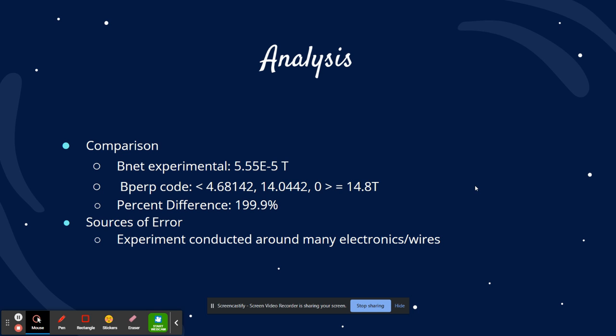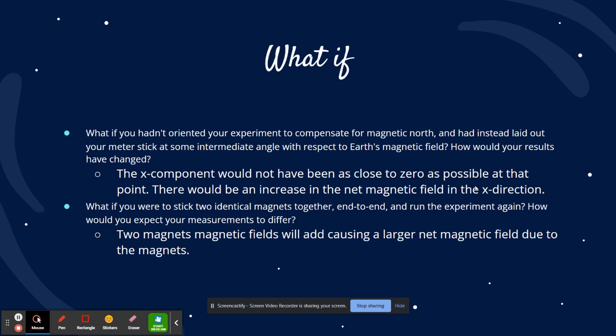These sources of error could be due to us collecting data in a lab that had many electronics. For example, there were wires in the tables, and our laptops, also being electronic, produced magnetic fields. So, what if?